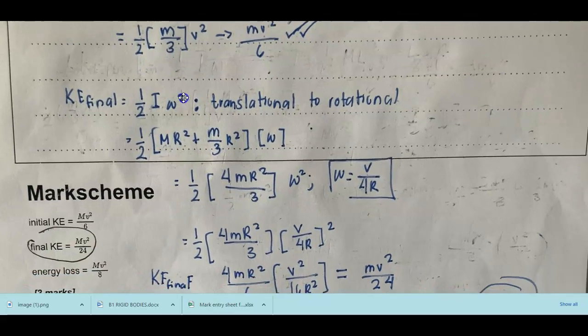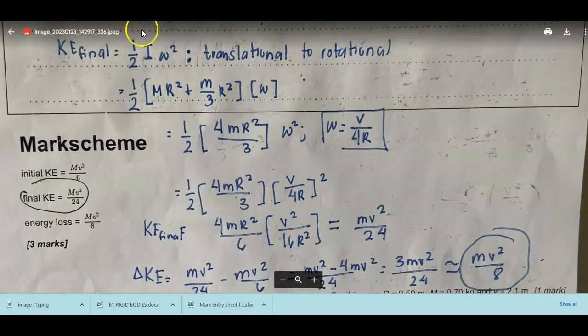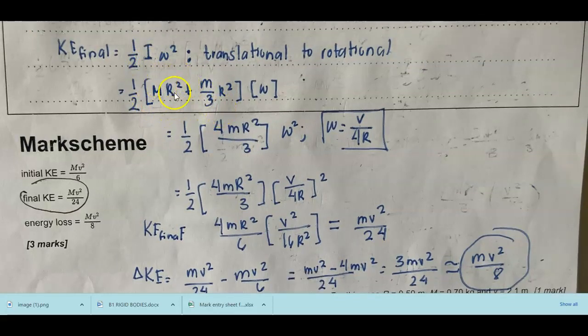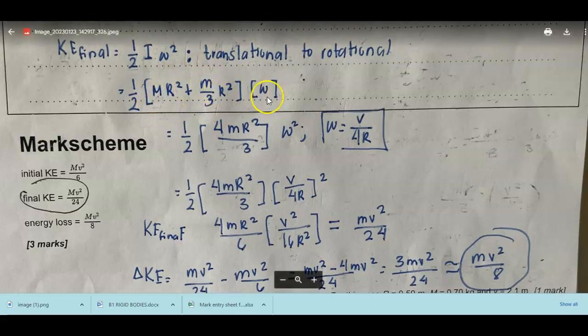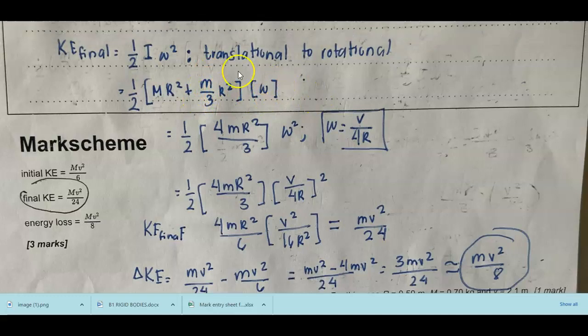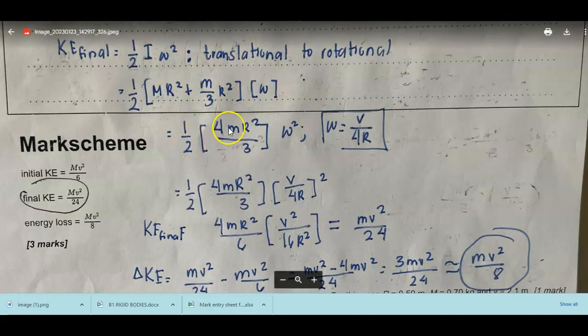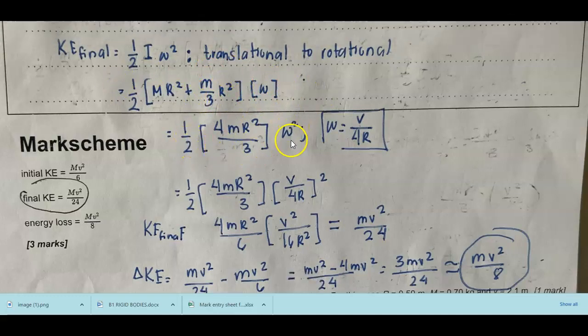Substituting the values that we have obtained before, your I is the combination of the moment of inertia for the mass at the end of the rod plus the point particle, times omega. Simplifying, this gives us 1/2 times 4mr squared over 3 omega squared.